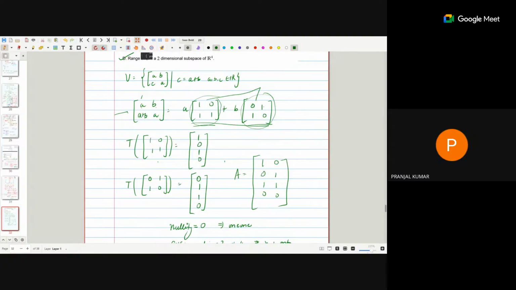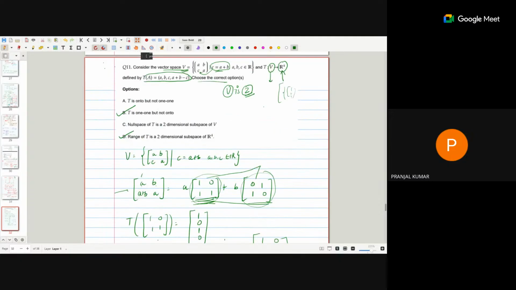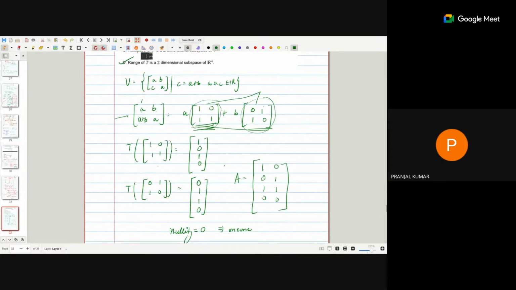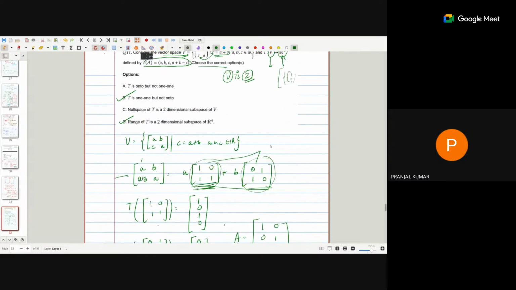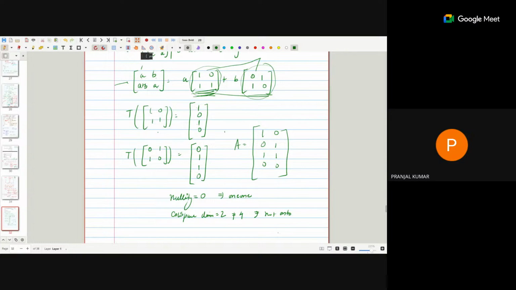So I've tried to find the images of the basis vectors of V. According to this, what is the definition? (a, b, c) maps to a plus b minus c. So for a 1, b 0, c 1, a plus b minus c is 1 plus 0 minus 1, so 0. Then for a 0, b 1, c 1, a plus b minus c is 0 plus 1 minus 1, so again 0.